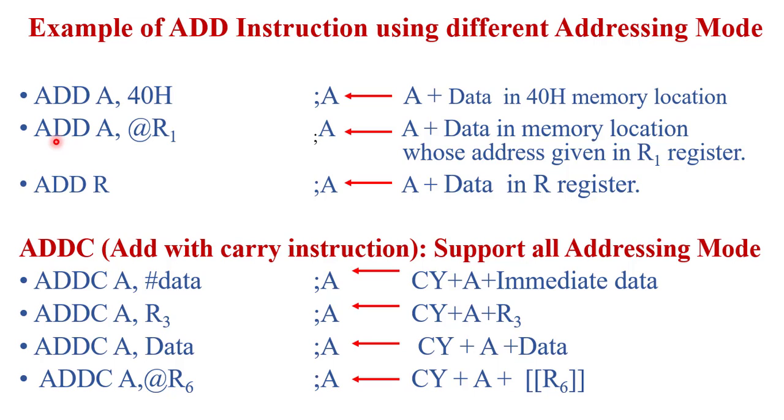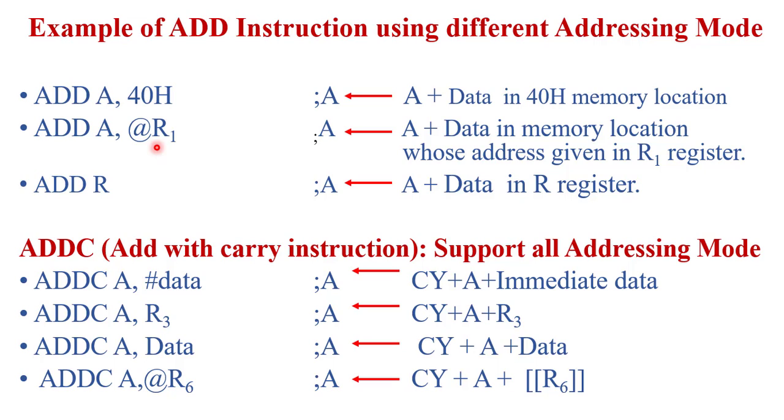Next instruction is ADD A, @R1. This instruction is an example of indirect addressing mode because @R1 is given. This instruction tells that data is stored in a particular memory location whose address is given in the R1 register.